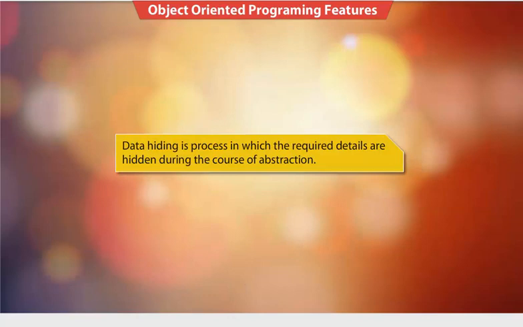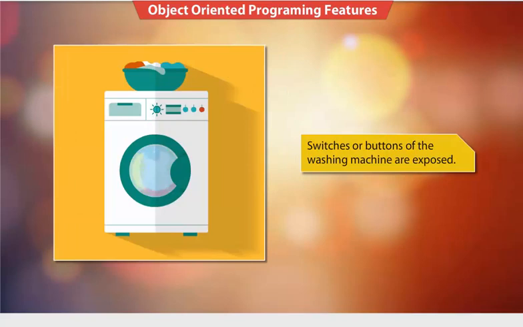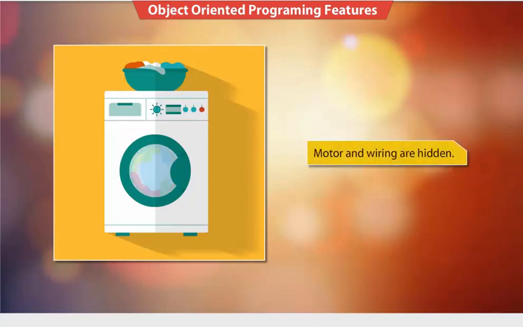The next feature is data hiding. When abstraction exposes the required details, it hides the rest of the details. In the same example of a washing machine, only switches or buttons are exposed, whereas motor and wiring are hidden.